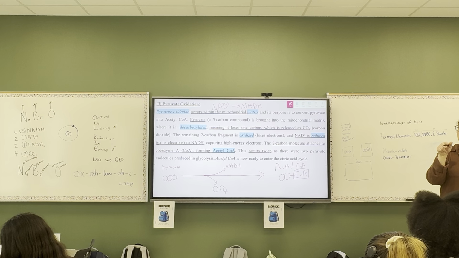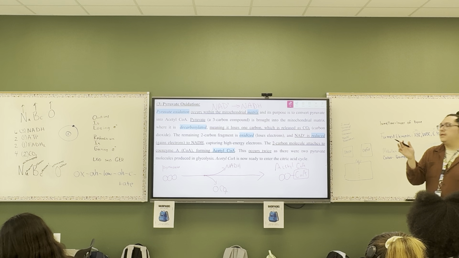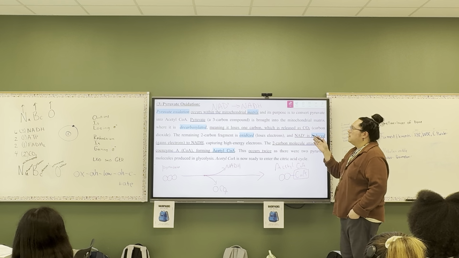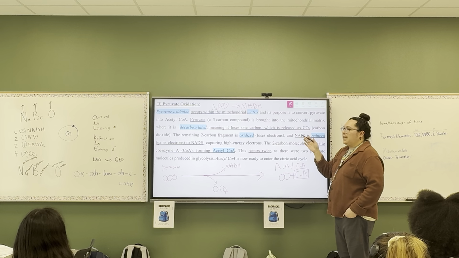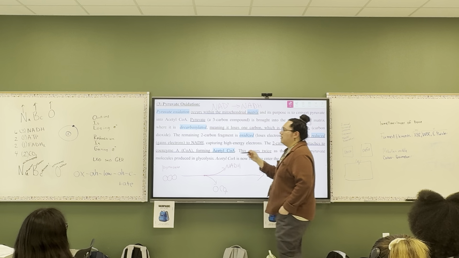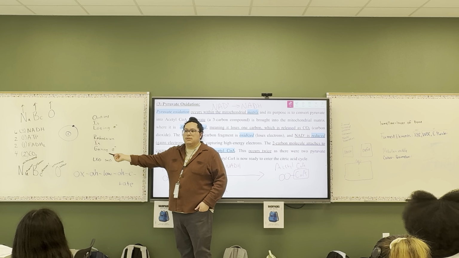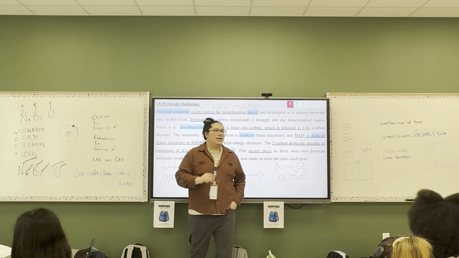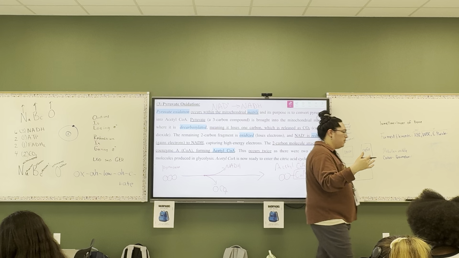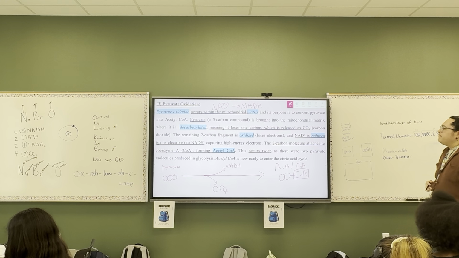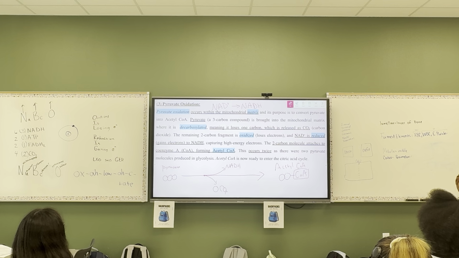A is oxidized, B is reduced. So what happened? Did it gain something or lose something? It gained, right? So what is that? Reduction. So it would be reduction. Okay. Again, you'll see these again when we do the group next week. Okay. Go ahead and continue reading on, Isabella, please.